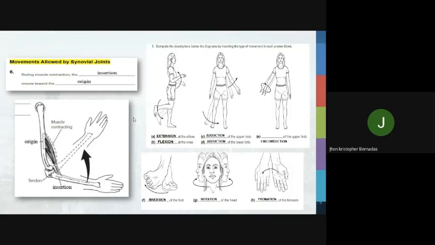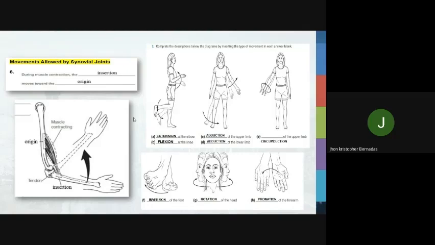B for flexion at the knee. C, adduction of the upper limb. D for abduction of the lower limb.